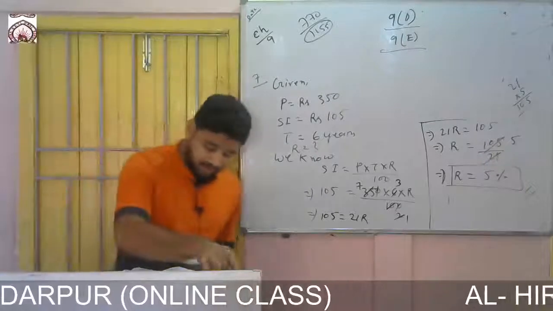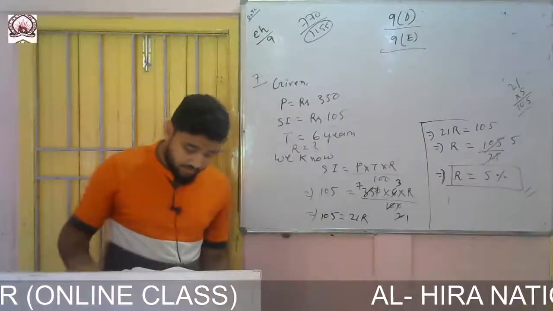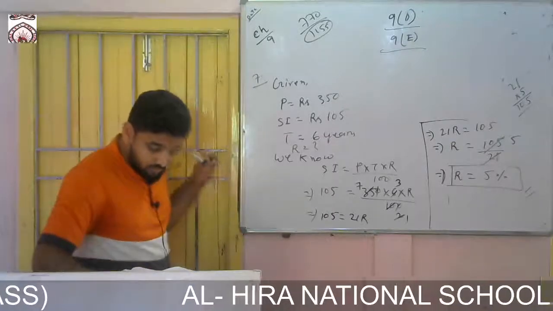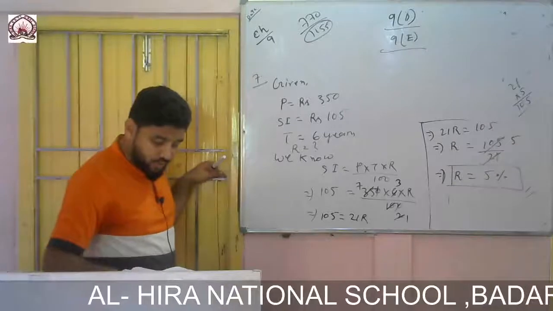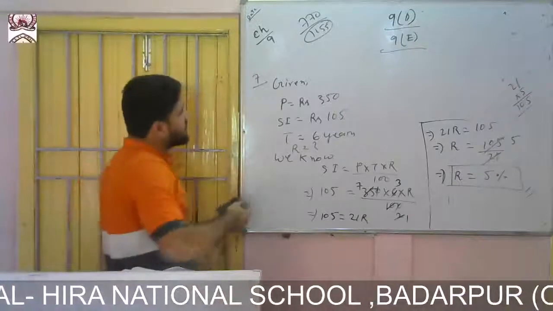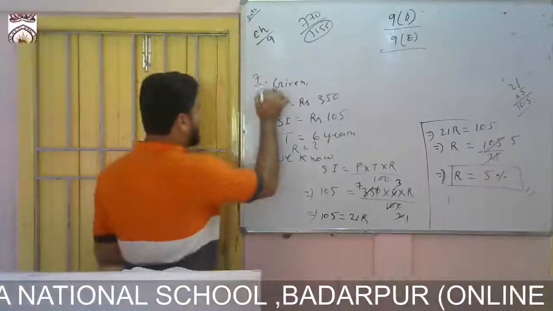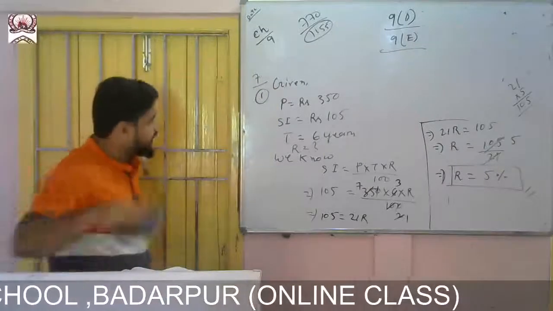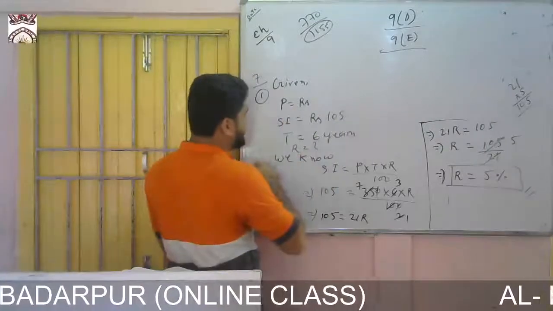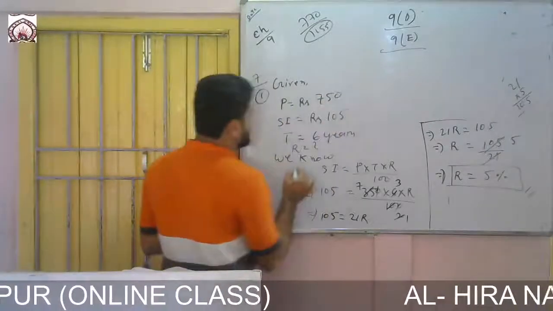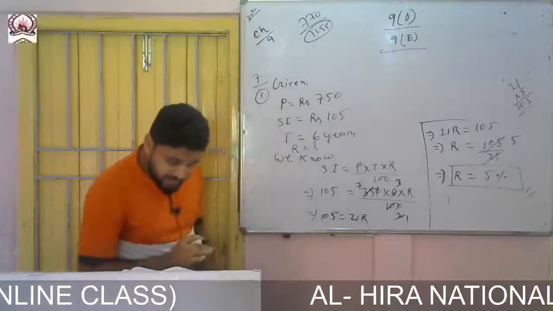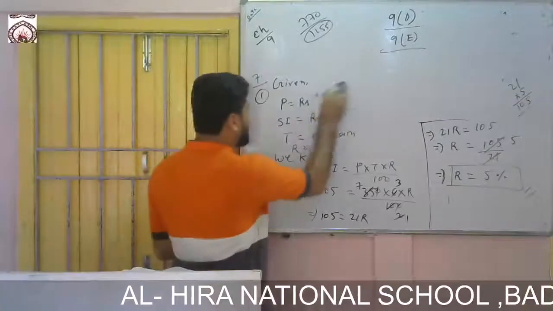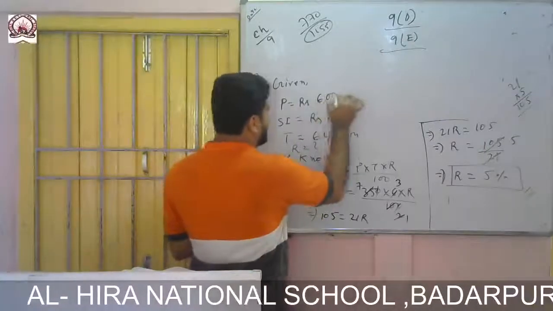Now come to question number C, Roman 1. P will be 750. Sorry, 600.